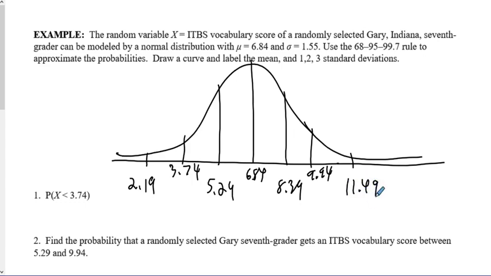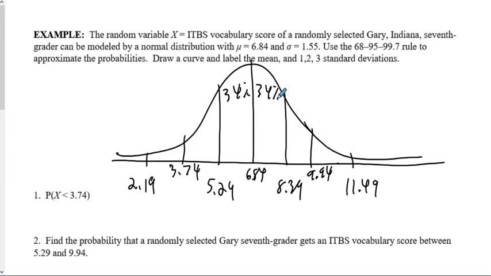All right? Now, if you don't remember the percentages, it's really easy. You just have to remember 68, 95, 99.7. So, from plus and minus 1 is 68%, if you divide that by 2, that's just 34%. Very simple. All right?